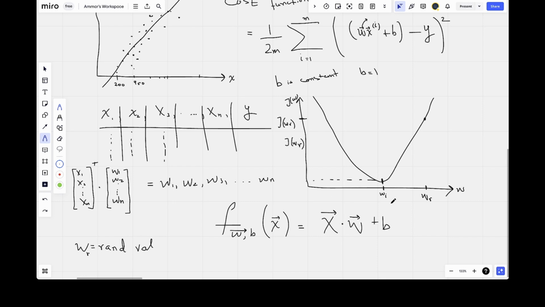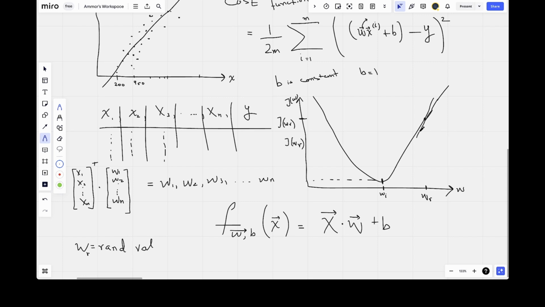But since we've assumed that we are starting from here, we want to decrease the value of the model parameter w. So what our model tries to do is compute a tangent line at the point wr, right? And this tangent is going to give you the slope of the line at that point.